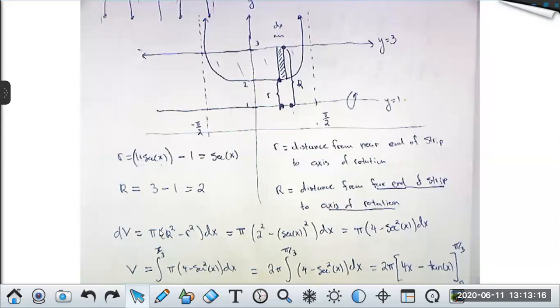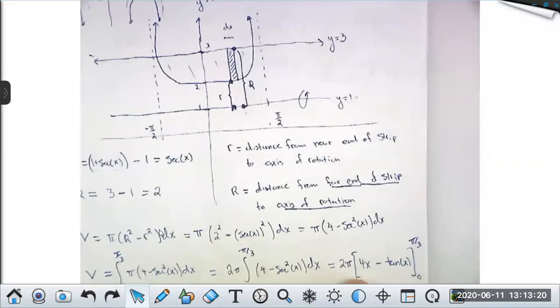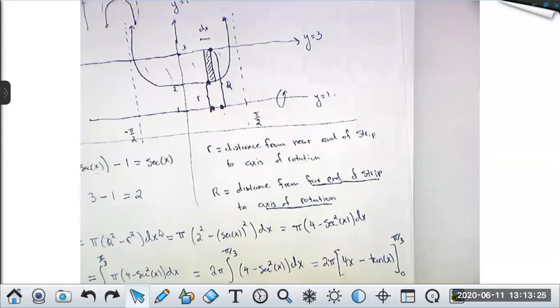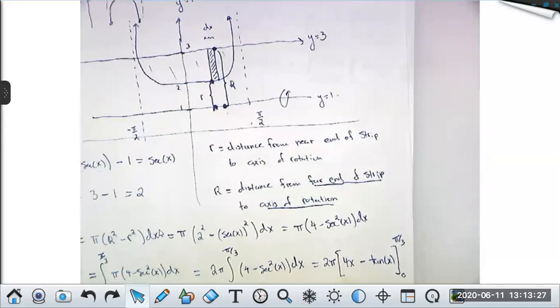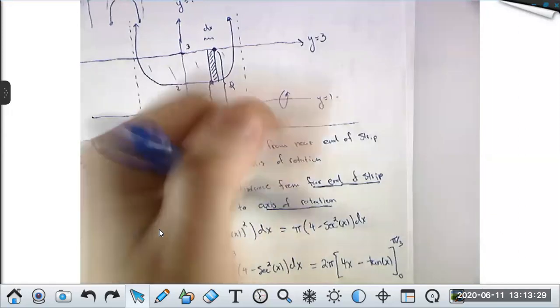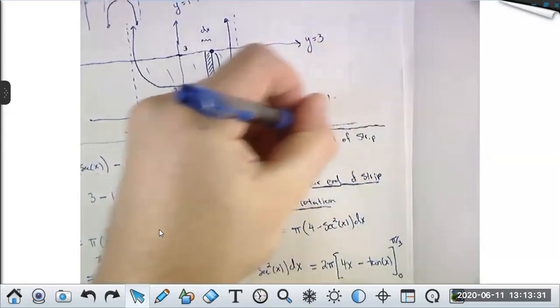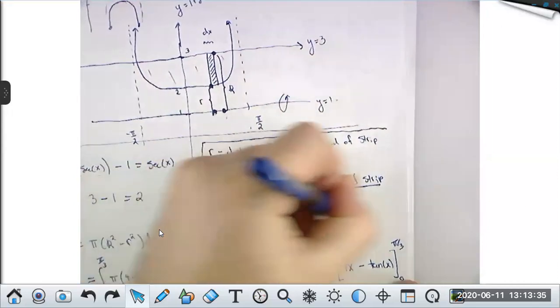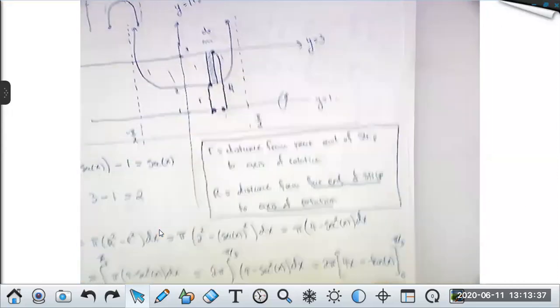But I guess there's the dV formula that makes a lot more sense the way you just explained it, which is just the high Y value minus the low Y value. It seems that there's a pattern of upper minus the lower here. So you just have to correctly identify what is upper and what is lower.